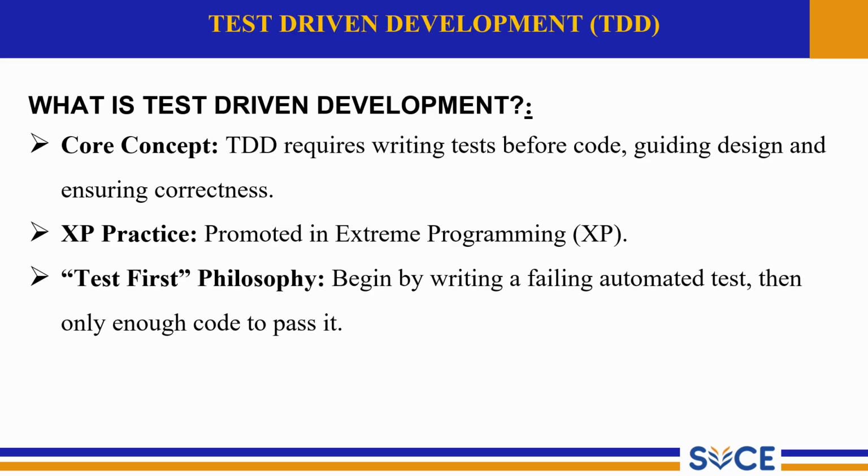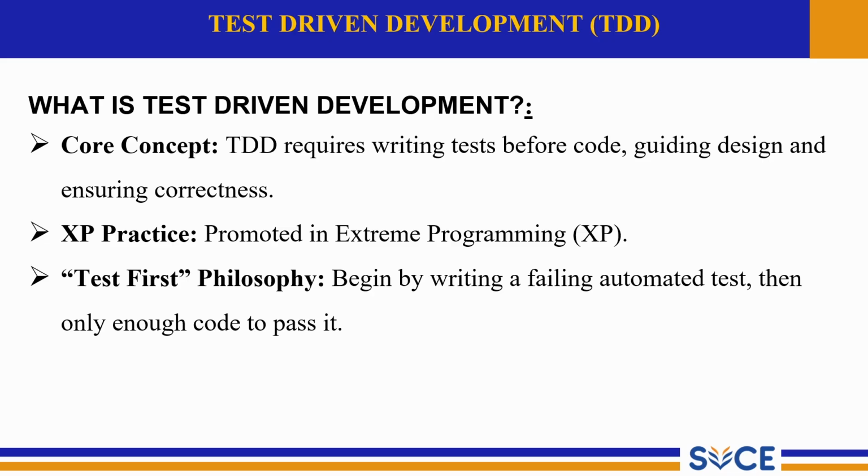A test first philosophy: begin by writing a failing automated test, then only enough code to pass it. Test driven development follows a simple cycle called red, green, refactor. Red: write a test that fails because there is no code yet. Green: write the minimum amount of code needed to make the test pass.